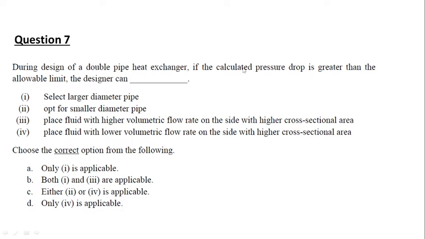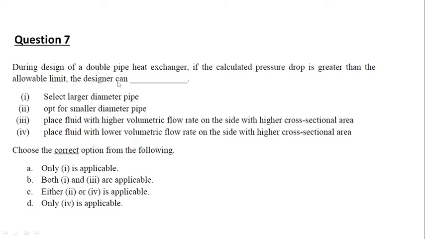Actually, the calculated pressure drop should be close to the allowable pressure drop. So in order to make it closer, we can either increase the diameter of the tube or place the fluid with higher volumetric flow rate on the side with higher cross sectional area.